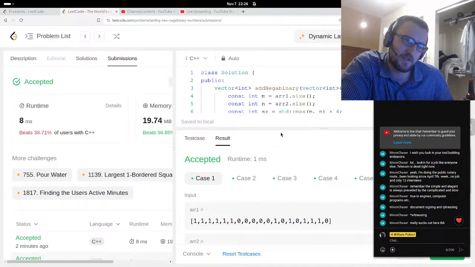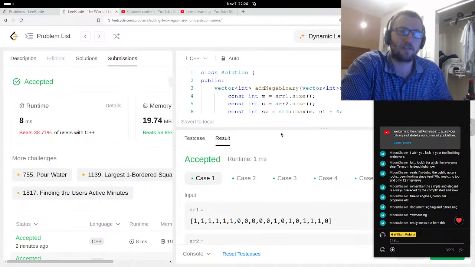Document signing and witnessing really sucks out here, to be honest. Oh, I'm sorry. That's unfortunate. Where are you, if you don't mind me asking? You said out here. Sounds like there's an area or place that you are, I suppose, as opposed to somewhere else where you'd be in here.